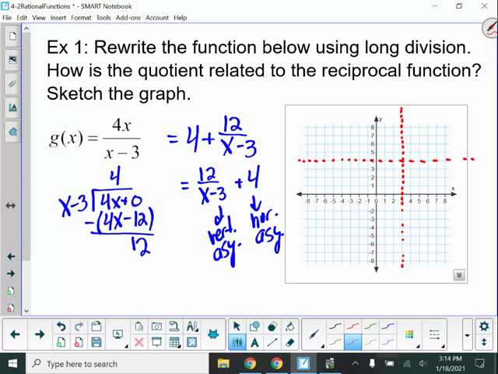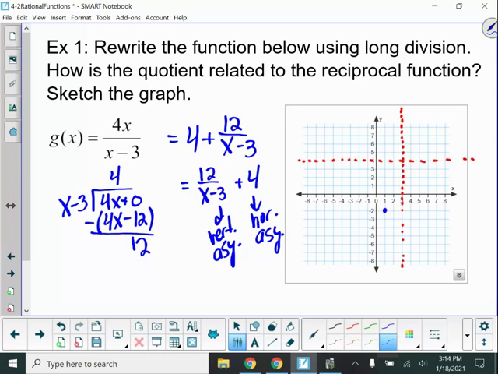You can still go through and plug in some numbers. I'm going to make sure I plug in numbers on both sides of 3, and simplify to get some points to graph. If I plug in 1, 1 minus 3 is negative 2. 12 divided by negative 2 is negative 6, and negative 6 plus 4 is negative 2. So 1, negative 2 is down here.